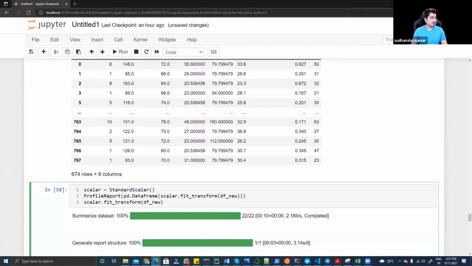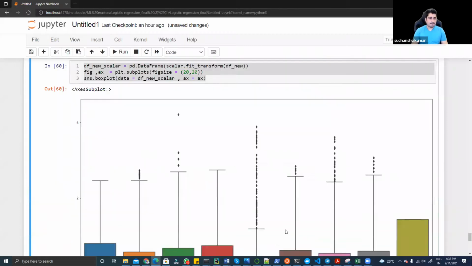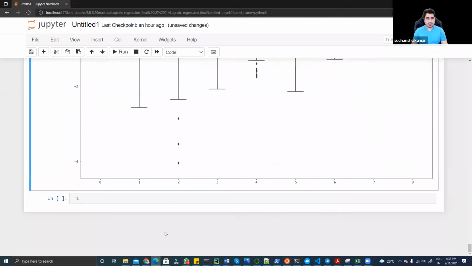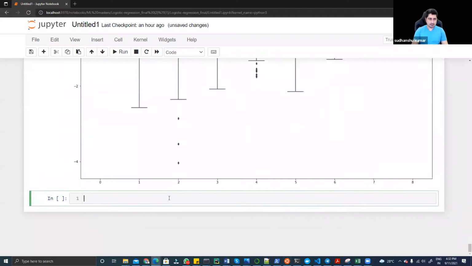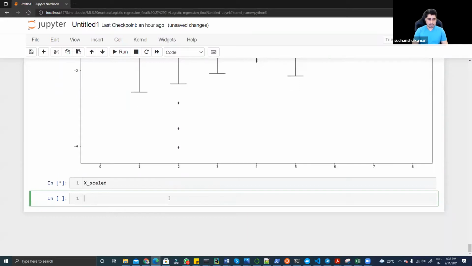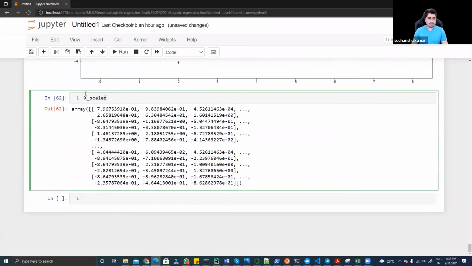Okay, so I believe I was supposed to pass only x. Okay, so we can store this data. So maybe x underscore scale. And now if I talk about x underscore scale, yeah, this is the data set that we have.